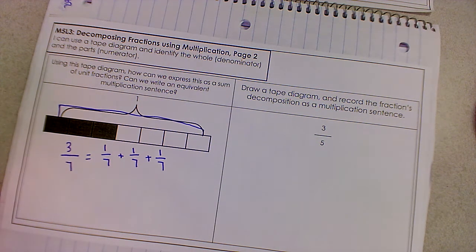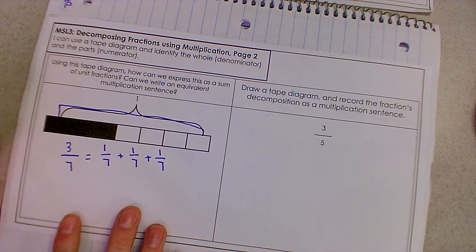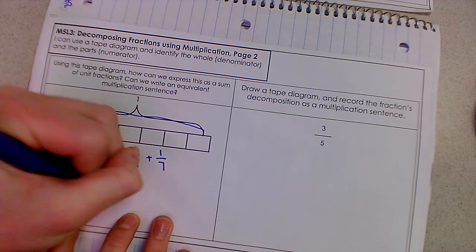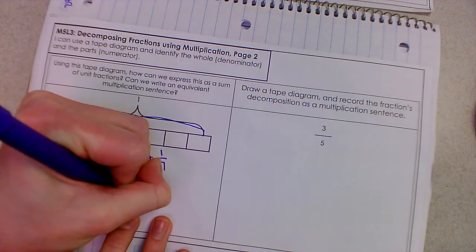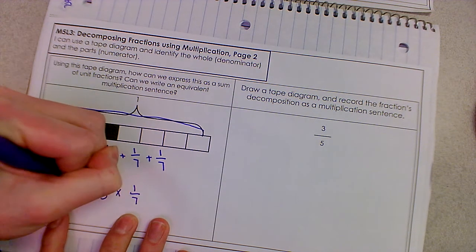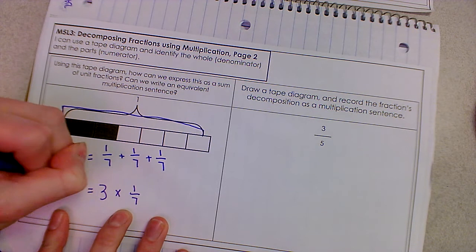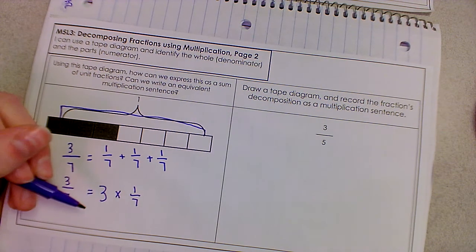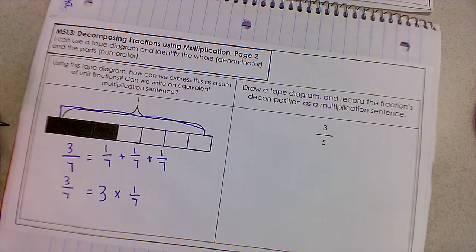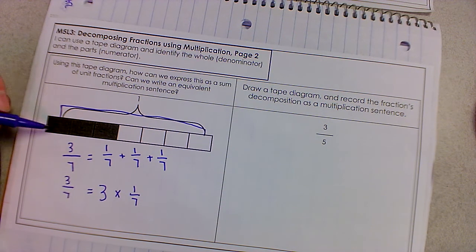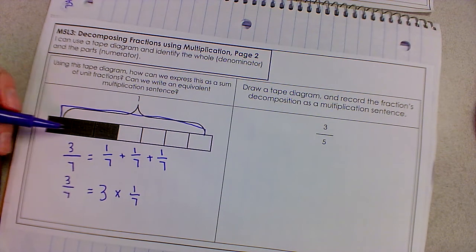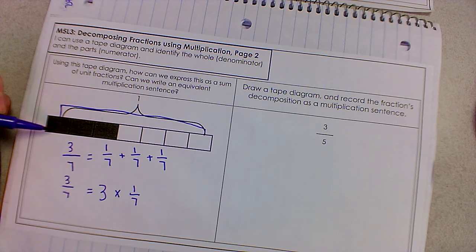And then we would write this in multiplication by saying 3 times 1/7 equals 3/7. And again, you can draw the imaginary 1 underneath it if you would like. And just to remind you guys, it's 3/7 because 3 of these boxes are shaded, and each of these boxes represent a 7th of the whole.